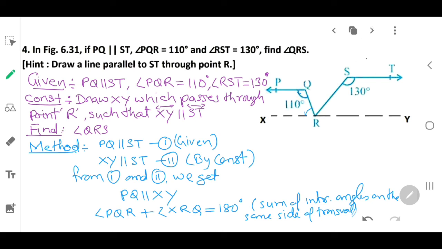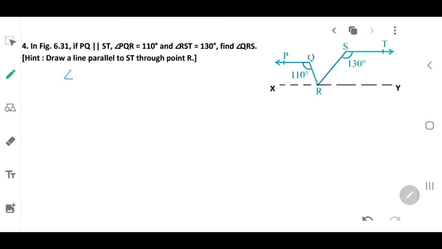Next, PQR is already given 110 degree. Now you find out XRQ. So PQR plus XRQ, and their sum is 180 degree. Value of PQR is given 110 degree. Now you have to find XRQ.